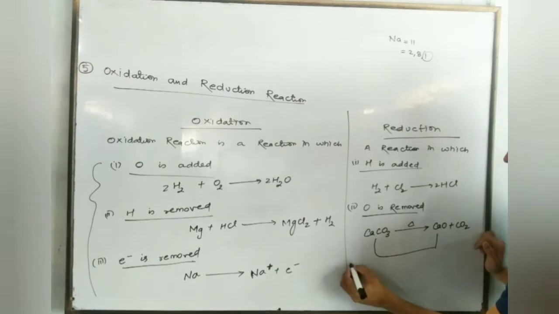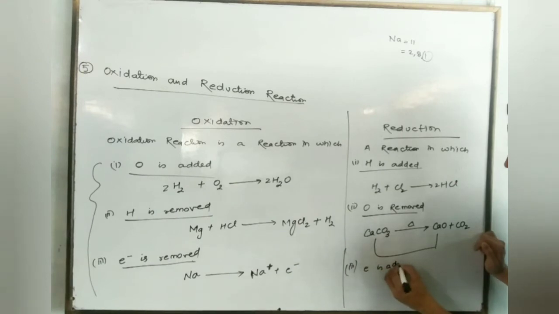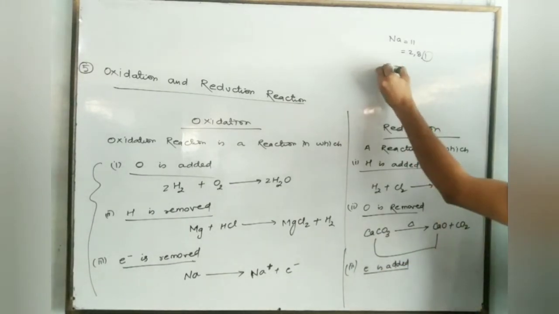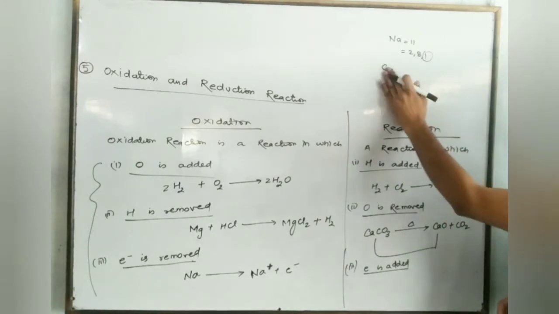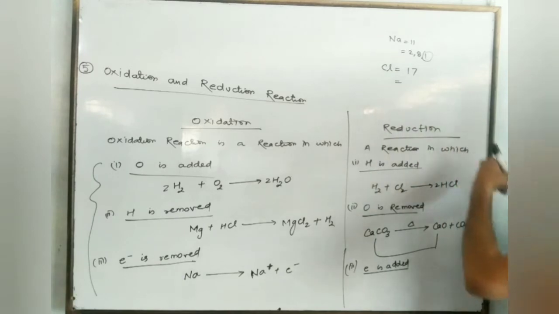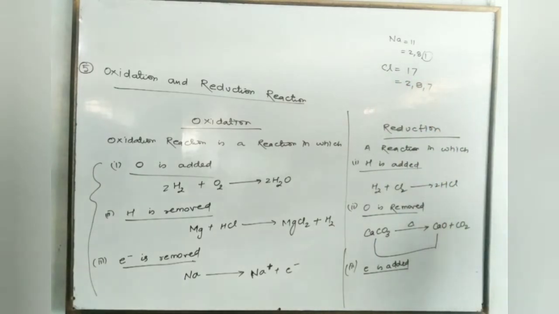Third, when an electron is added. Okay, for example, if we have chlorine, the atomic number of chlorine is 17, which means the configuration is 2, 8, 7.